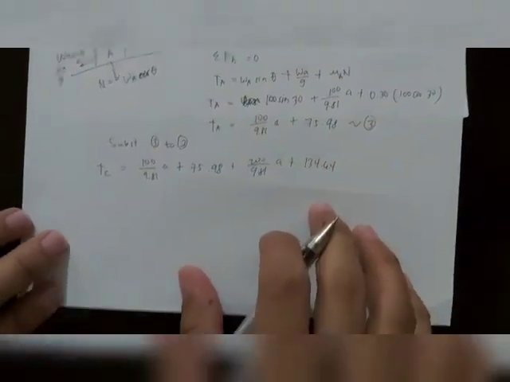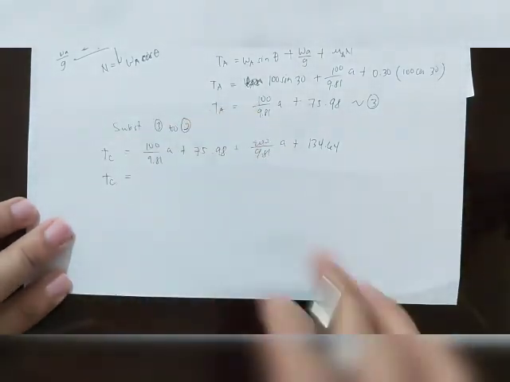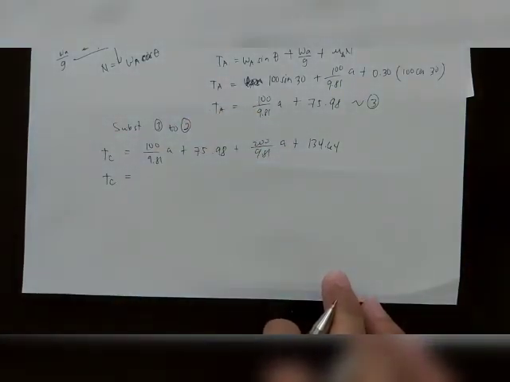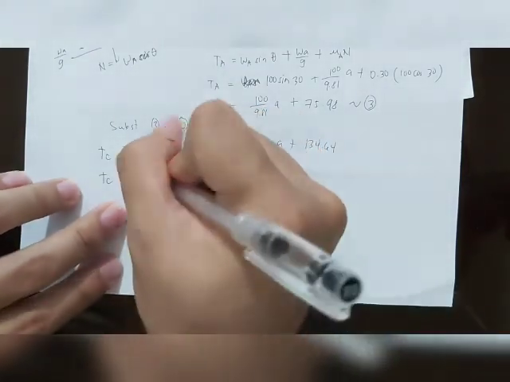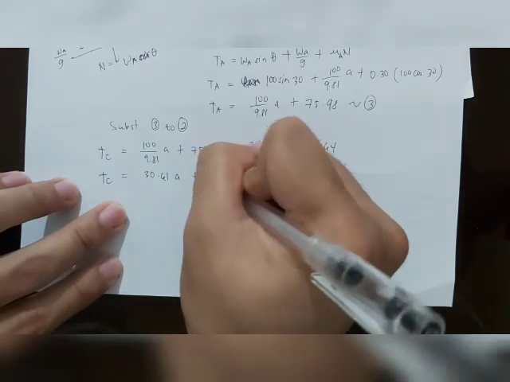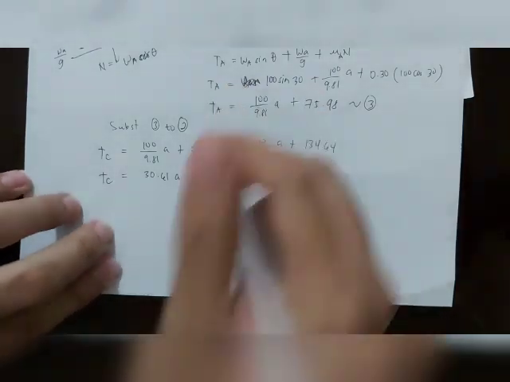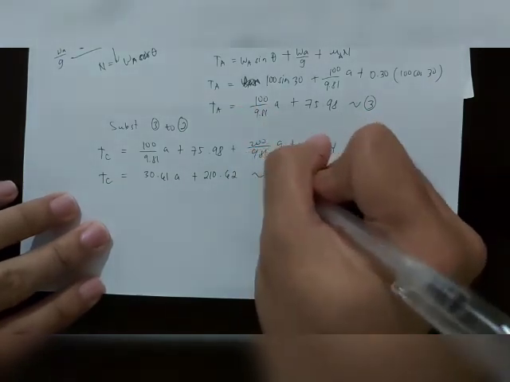Solving this in the calculator and simplifying, we have 30.61a plus 210.62. Okay, so we have equation 4 now.